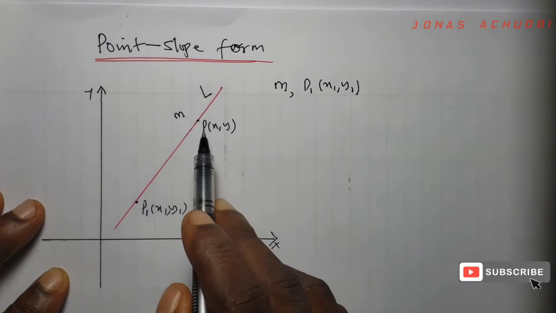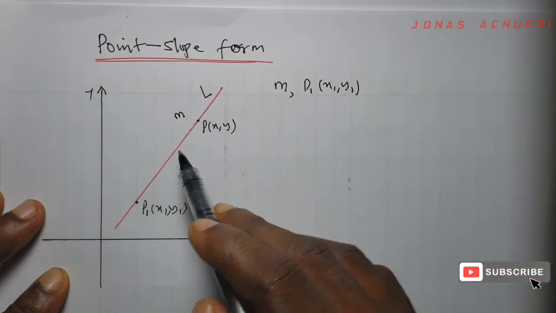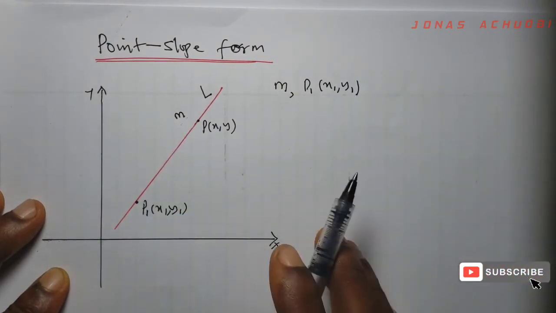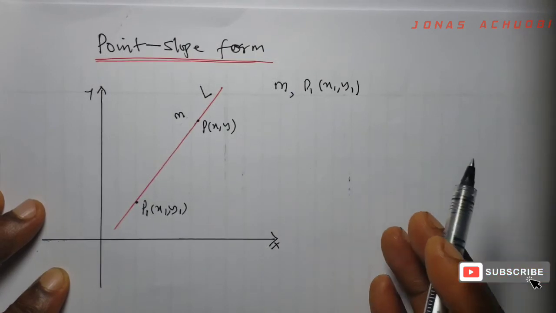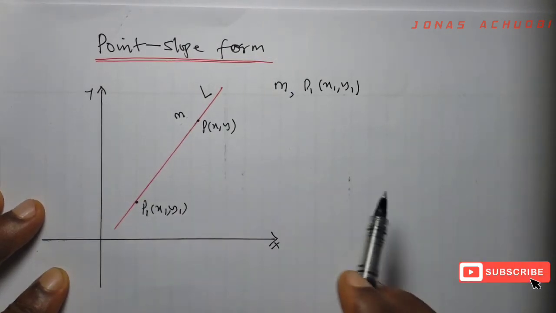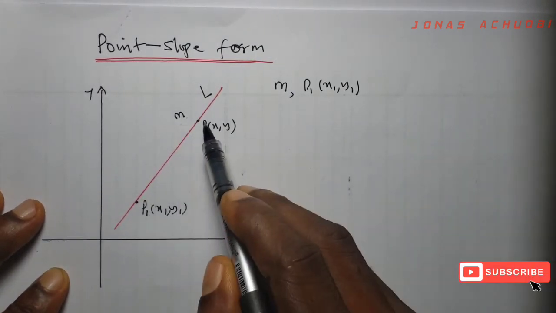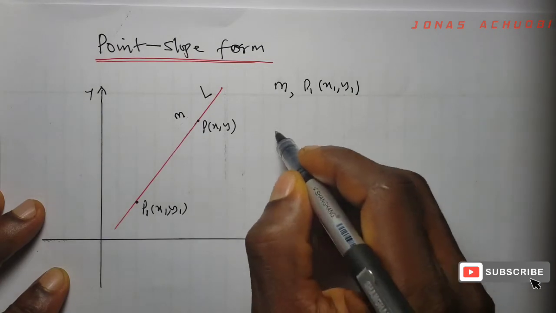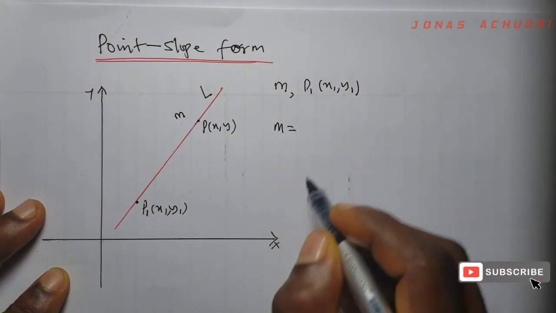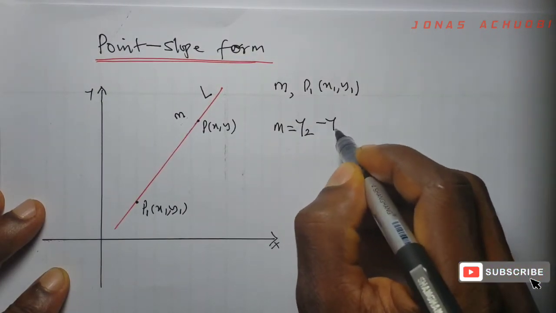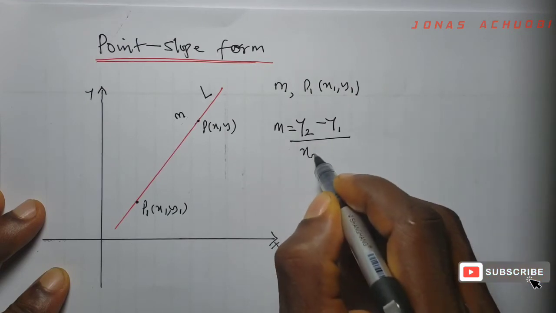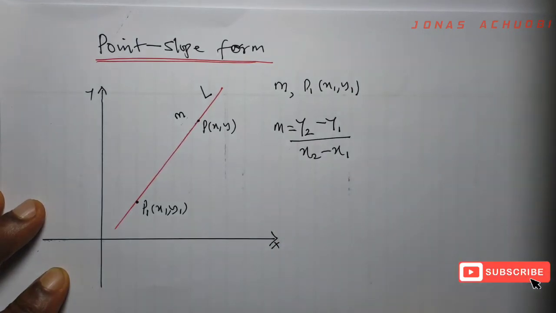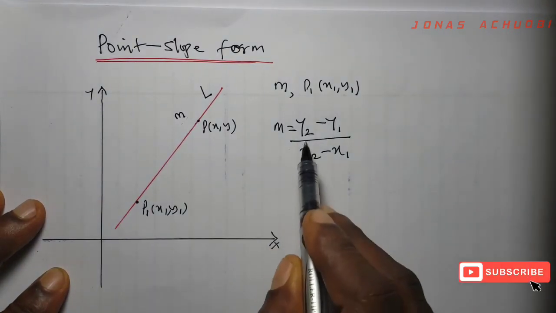Now, if P(x, y) is any other point on that line, any other point which we do not know, but the point P(x, y) is on the line, then with these 2 points, it is possible to calculate our slope or gradient. And what is slope? Our slope, m, is equal to y2 minus y1 over x2 minus x1.